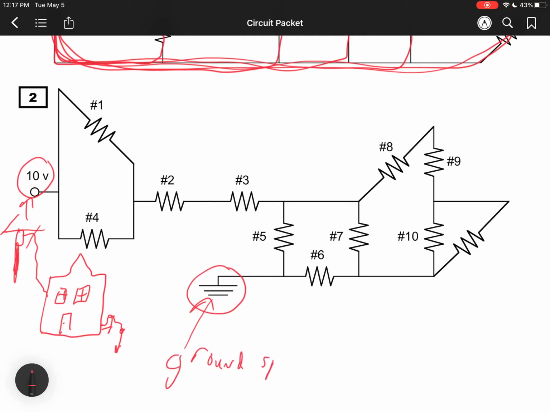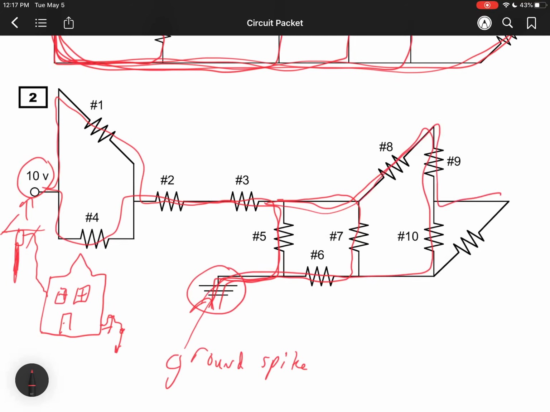So one way to think about this is electricity going in here and all the way down to the ground spike, or maybe in here and all the way down to the ground spike. There's lots of different possible ways it could get there. All those are different possible parallel paths to the ground. But in general, electricity starts out here, ends up down here.